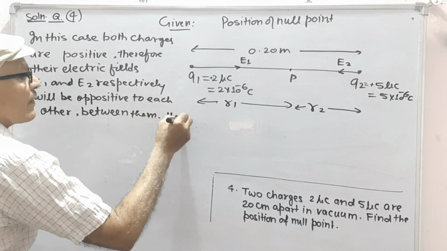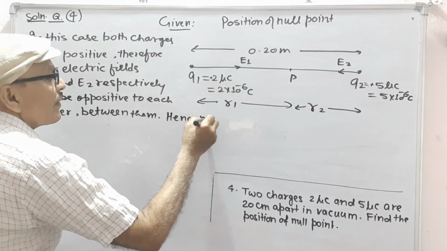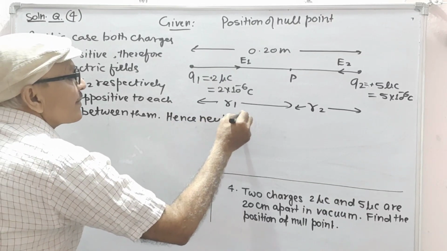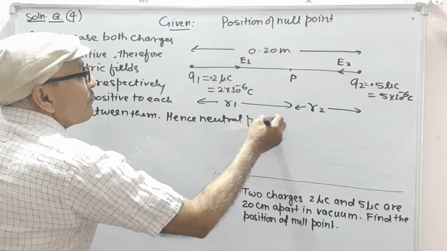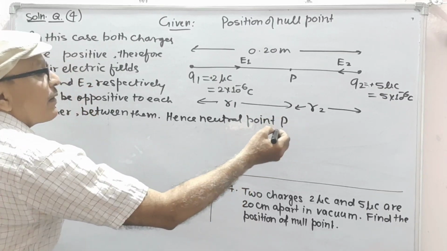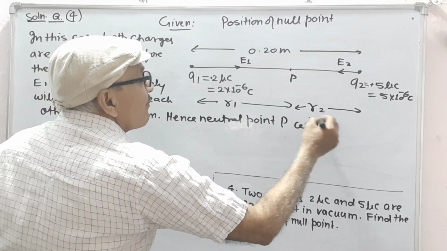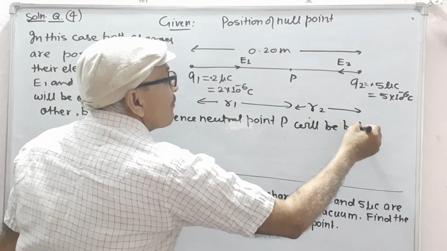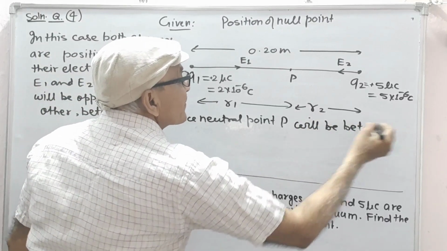Hence the neutral point P will be between the two charges.